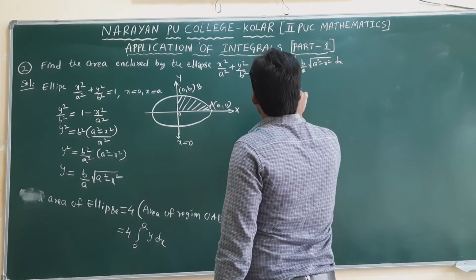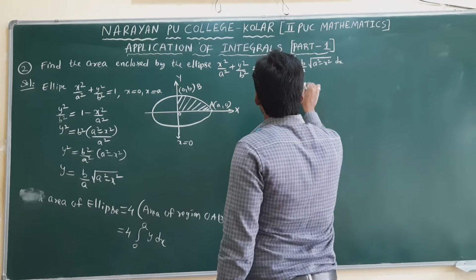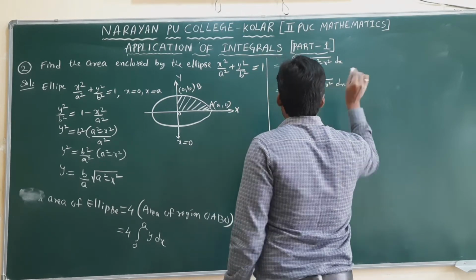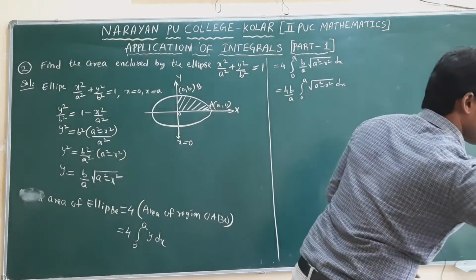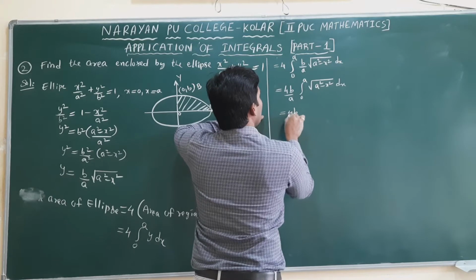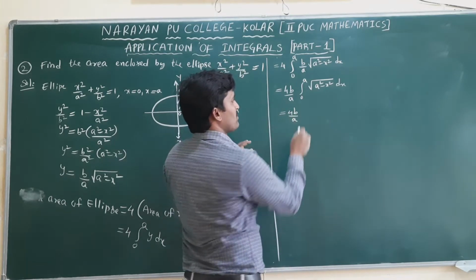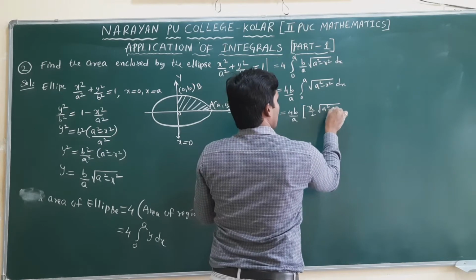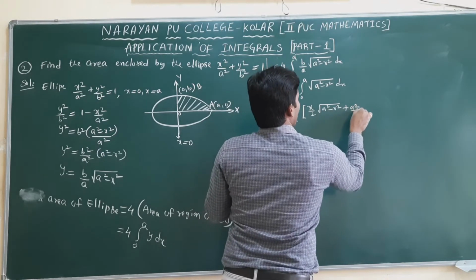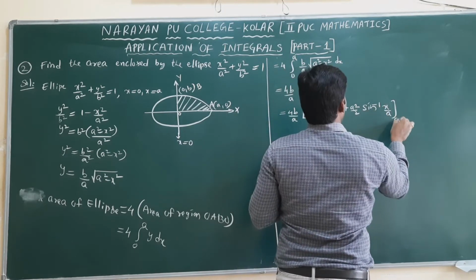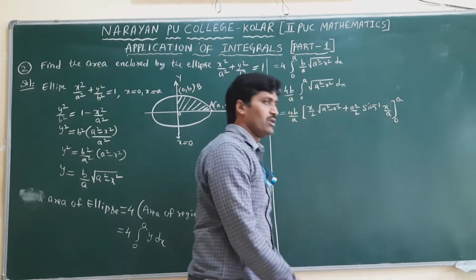b by a is a constant, take it common: 4b by a integral 0 to a root of a square minus x square dx. Now the formula we gave just now for the integral of root of a square minus x square is x by 2 into root of a square minus x square plus a square by 2 into sin inverse of x by a, with limits from 0 to a.